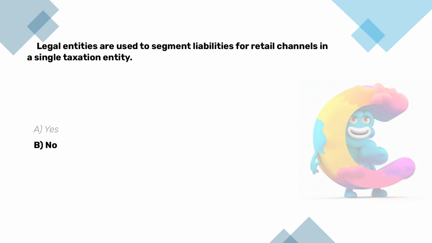They represent distinct legal entities that can operate under different regulatory frameworks, including taxation, but they do not segment liabilities in this method. Legal entities are used to segment the financial transaction for a company for tax purposes.